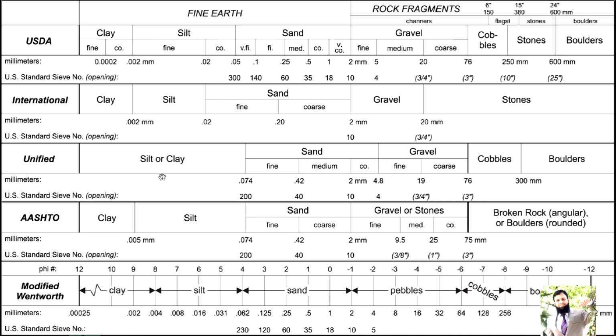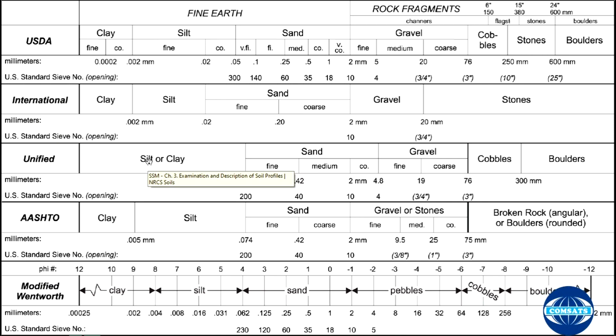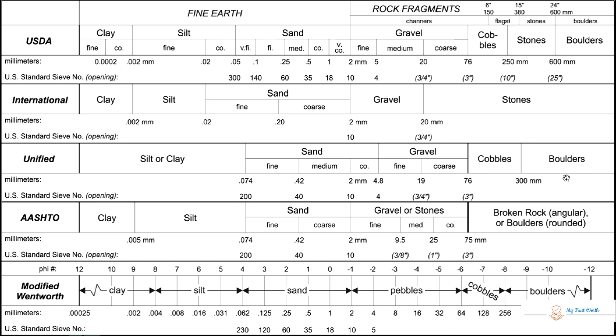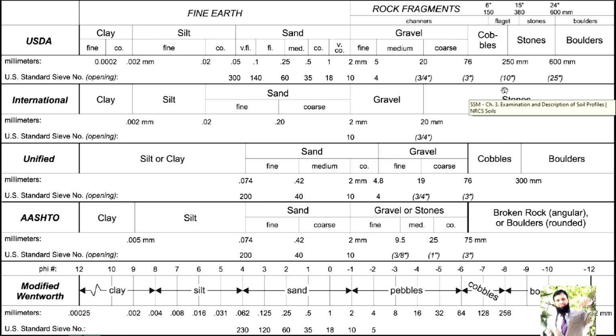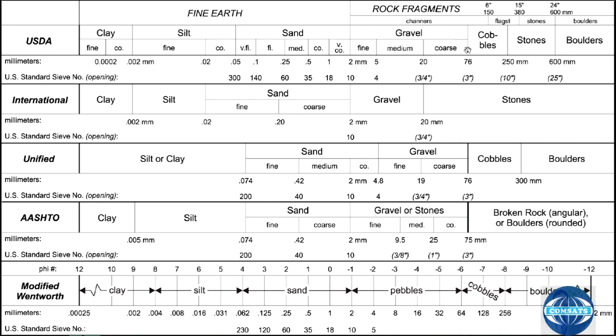You can see silt or clay, and sand, and 300 millimeter, and this is the range of gravel, and moreover these stones, boulders, stones, cobbles, gravel, sand, silt.